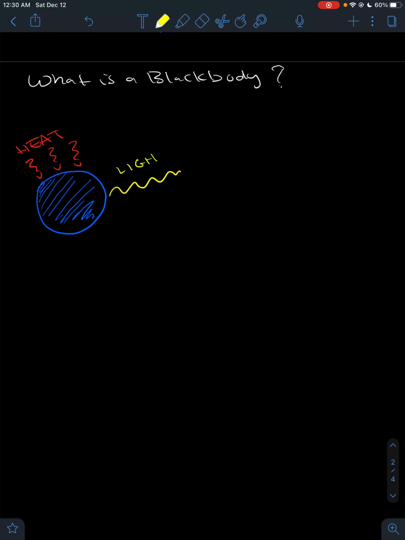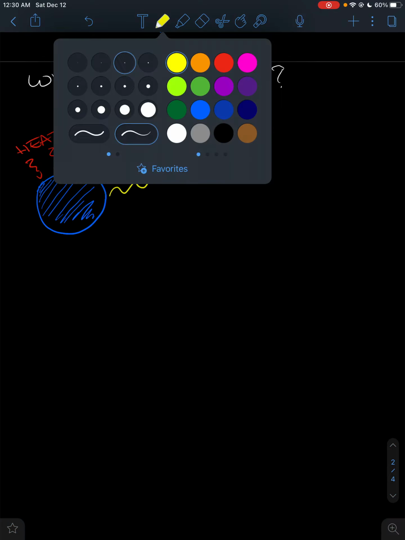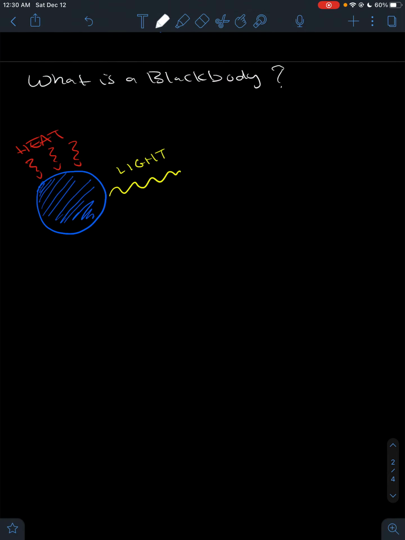So let's break this down. What's really happening here is the conservation of energy. Something is gaining heat. Now, what is heat? Heat is just a movement of molecules. So some molecules are bumping into this object here, and they transfer their energy to this object. And this object starts to emit light.